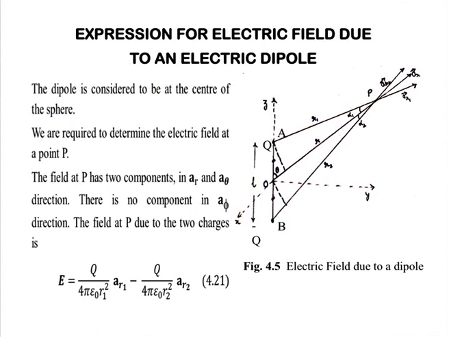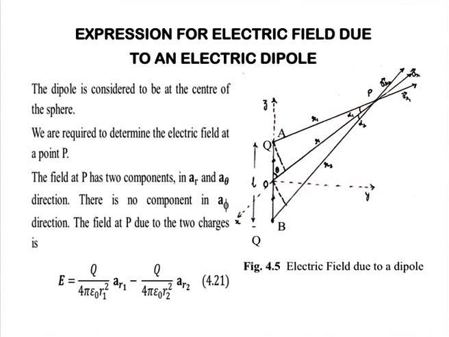We will derive the expression for electric field due to an electric dipole. In figure 4.5, we see there are two point charges q and minus q separated by a distance L and forming a dipole. We are required to find out the electric field at a point P. The field at point P due to both the point charges consists of two components, one in AR direction and the other in A theta direction.